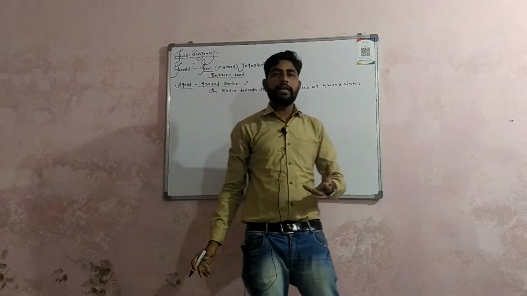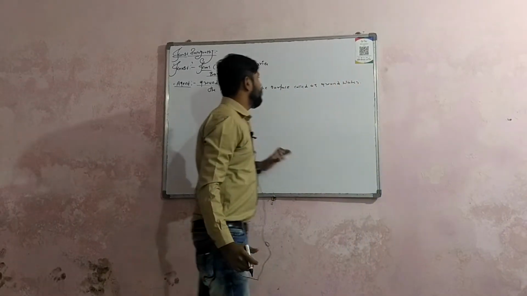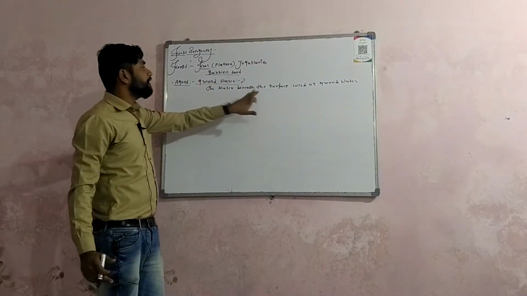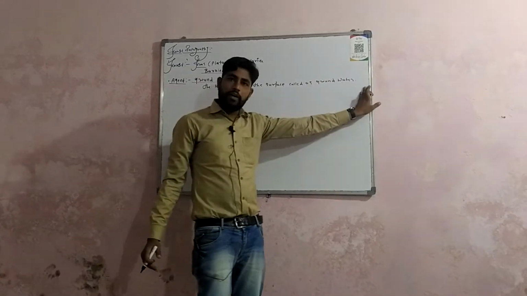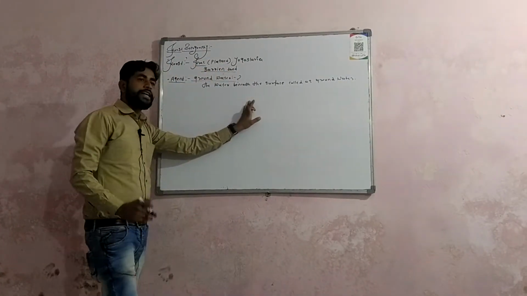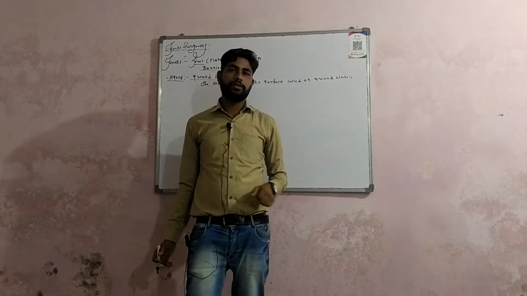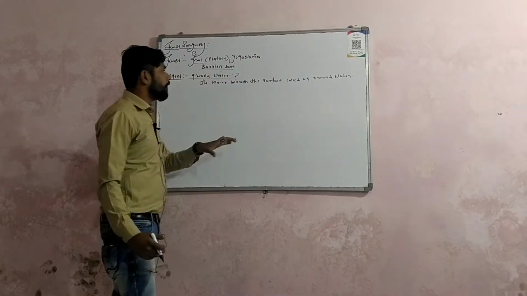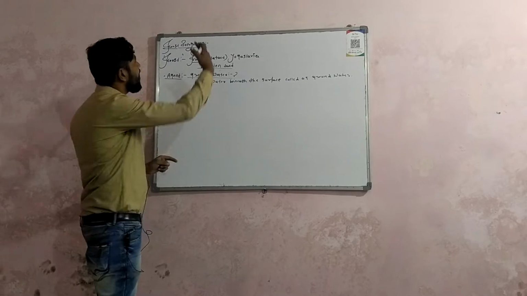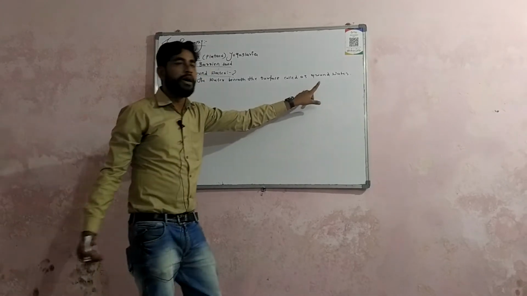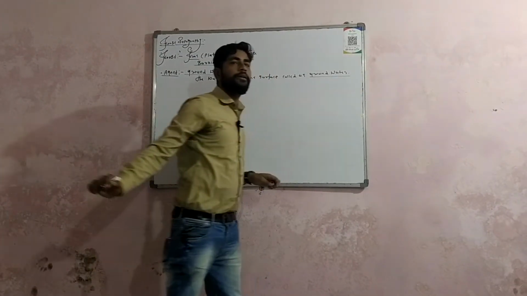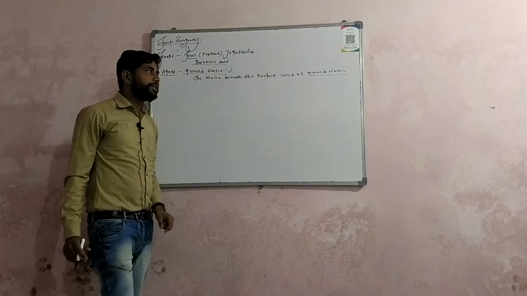So what is the difference between groundwater and surface water? The water beneath the surface is called groundwater, and water on the surface we call surface water. So there is a big difference between surface water and groundwater. For karst topography the groundwater is a must, means for karst topography the groundwater acts as an agent.